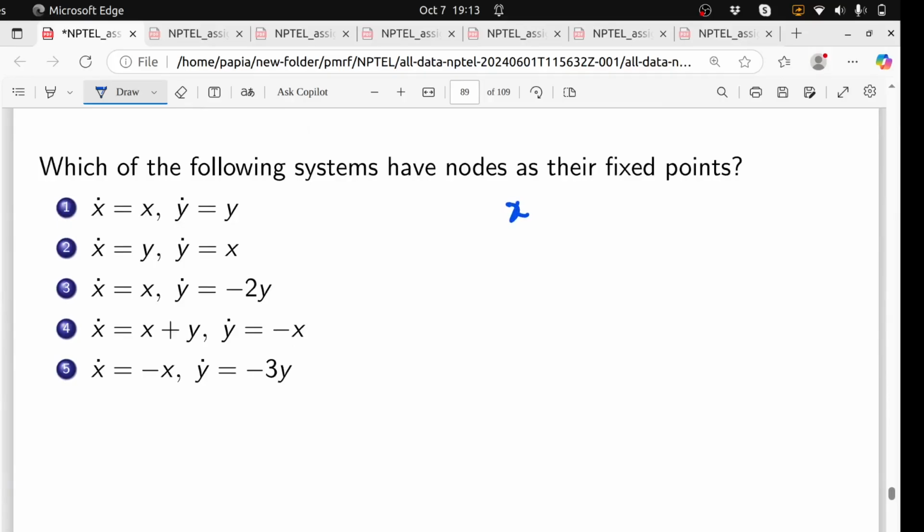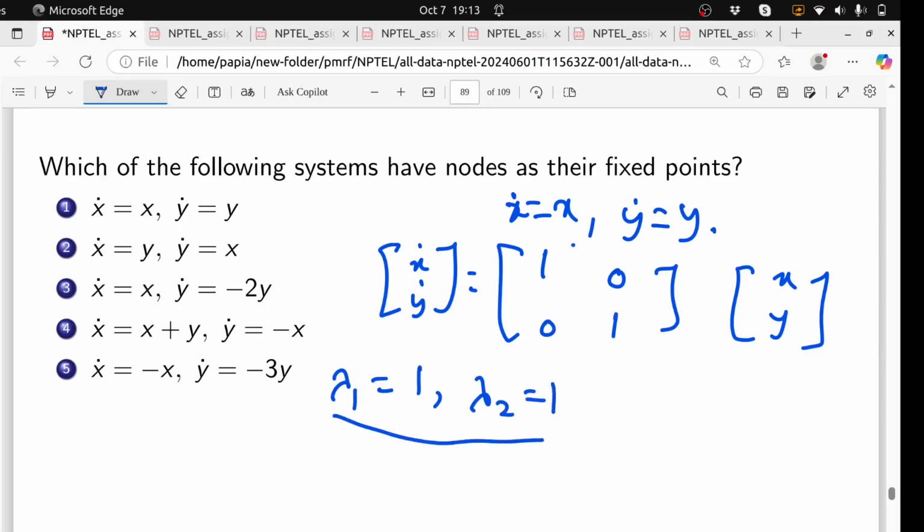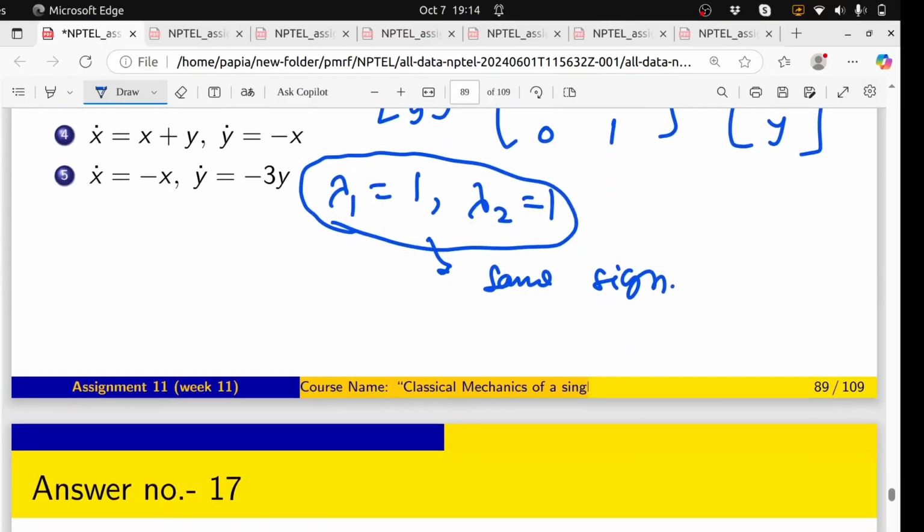First equation is x dot equals x, y dot equals y. So if we write x dot, y dot in terms of x y, then it will be like 1 0 0 1. So lambda 1 is 1, lambda 2 is 1. You can see that both have the same sign and are real as well.